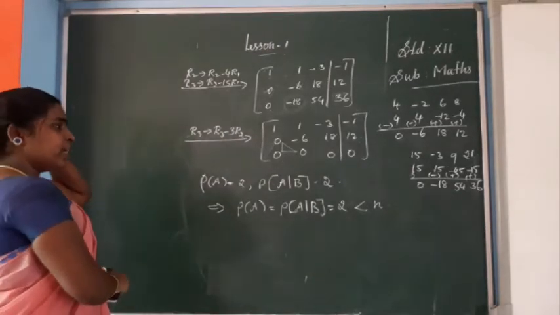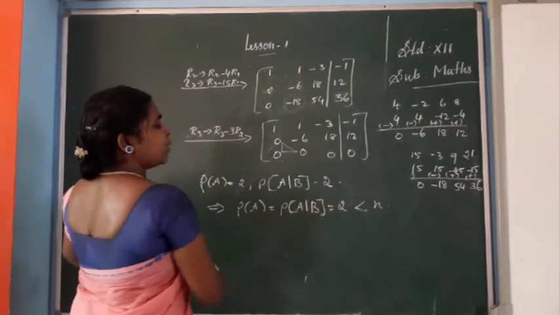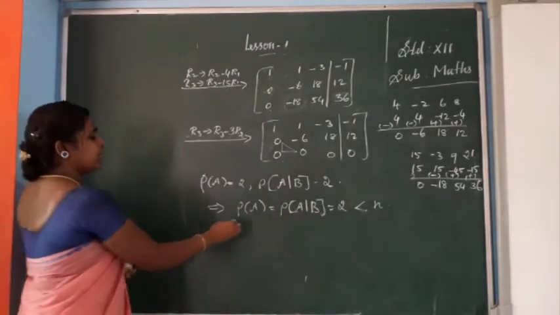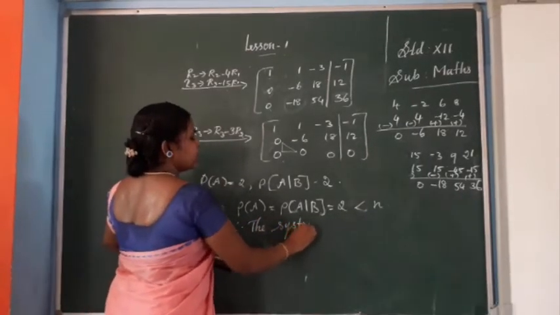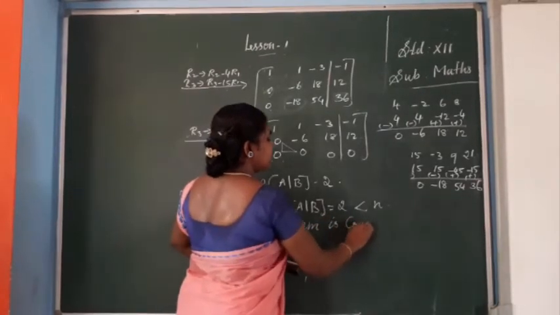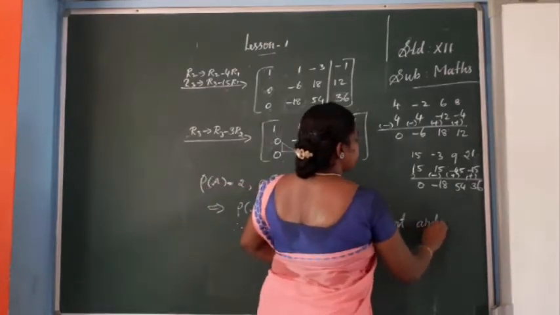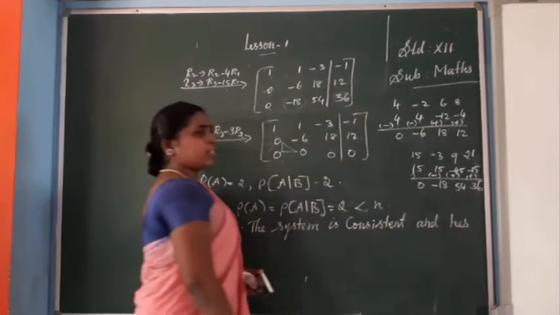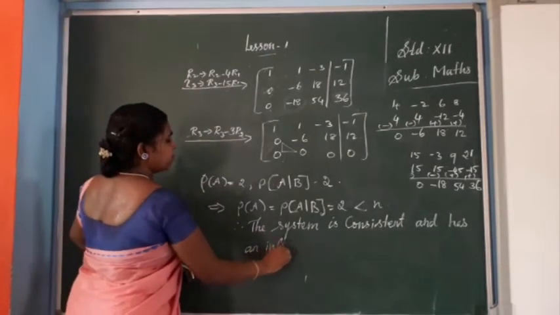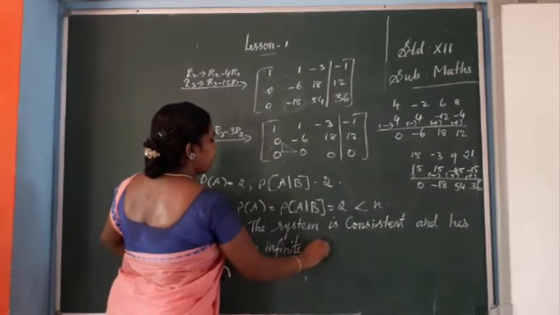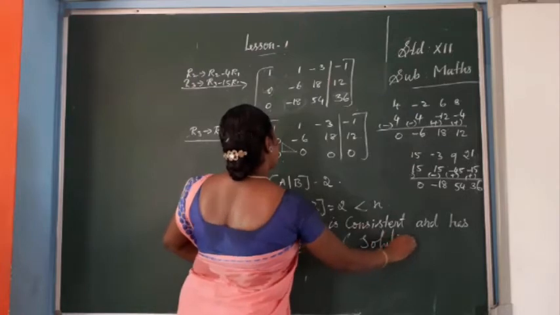X, Y, Z. So rank of A equal to rank of AB equal to 2, less than the number of unknowns. So the system is consistent and has an infinite number of solutions. This is the second type, okay? Infinite number of solutions, so more than one solution you get.